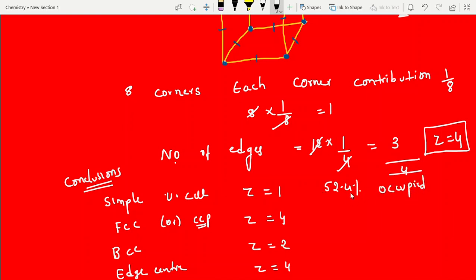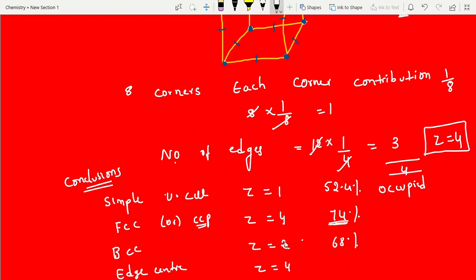BCC is 68%, and FCC is occupied by 74%. Compared to all, which is more close packing, out of 100%, 74% is packed. This is more close packing. That's why we call it cubic close packing also, FCC, CCP. Okay, in numerical part, sometimes they mention FCC, sometimes they mention CCP.